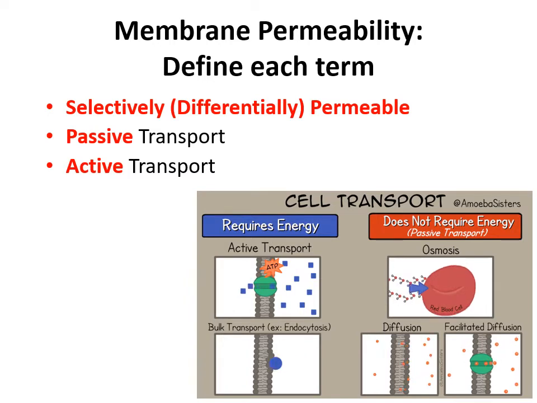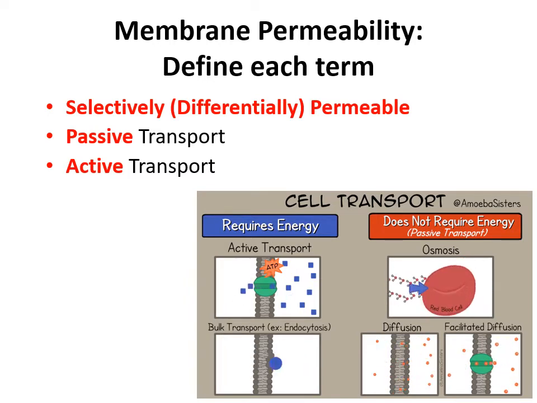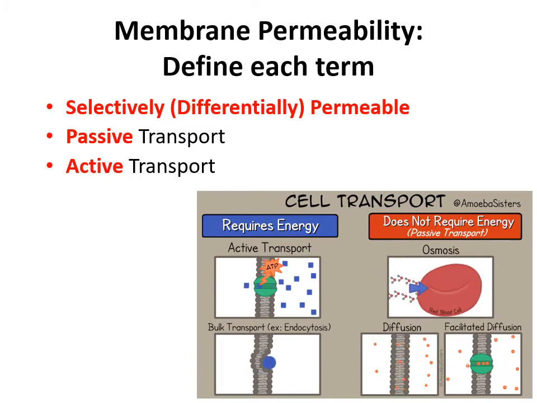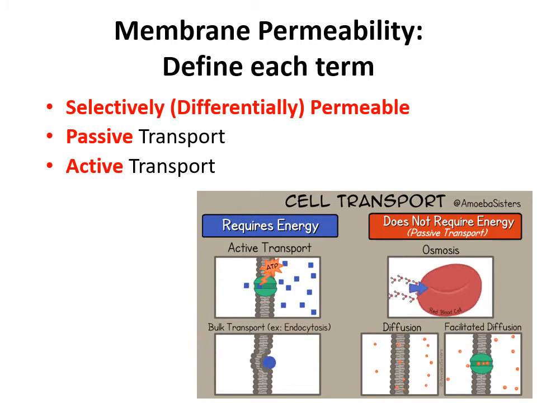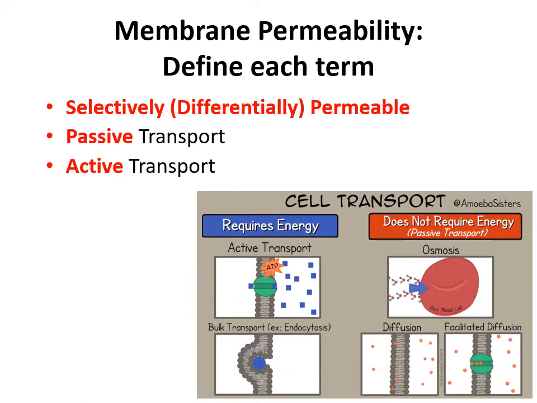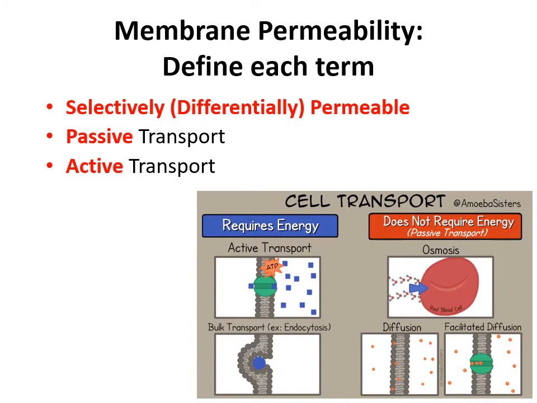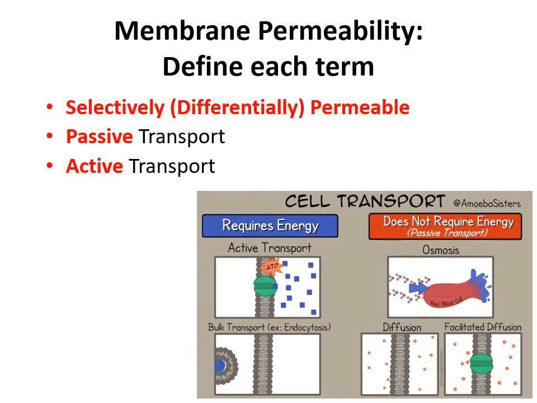And what really determines that, whether it's passive or active, is going to be what we call a concentration gradient. Meaning, do you have the substance that you want to move across the membrane? Is there more on the outside of that cell, or is there more on the inside of that cell? And how do you want to move them? Do you want to move them toward the higher concentration or the lower concentration? Now, in nature and biology, things naturally want to go from high to low.